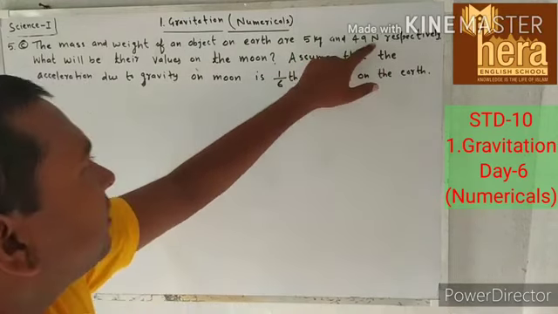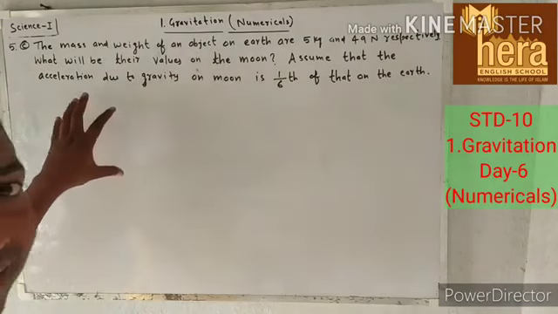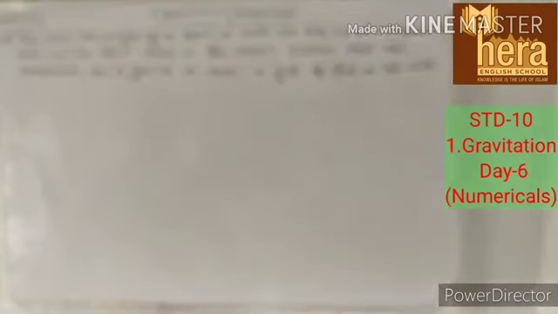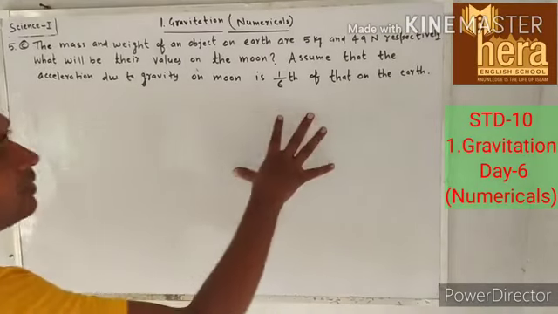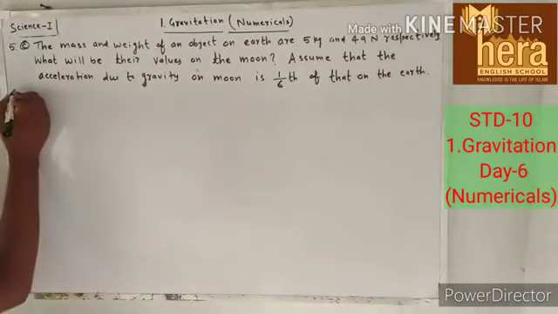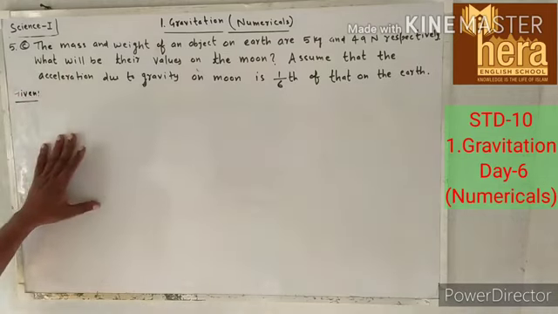What will be their values on the moon? It means earth and moon are given. Actually we are talking about earth and moon. So first of all, given, we will make the diagram.